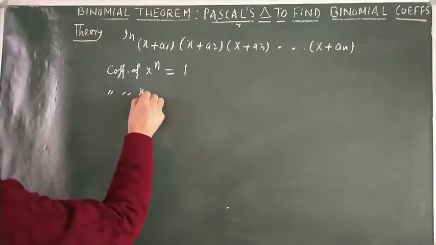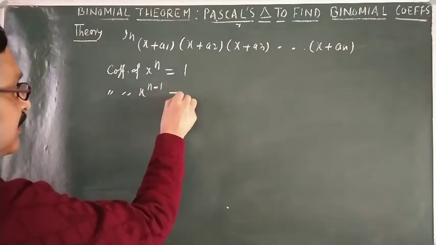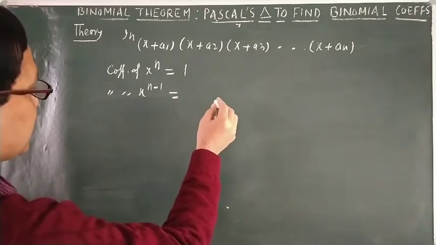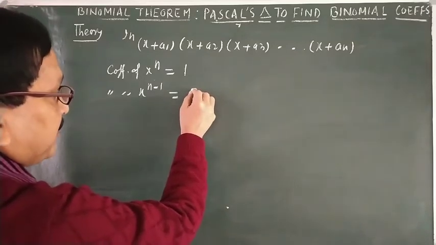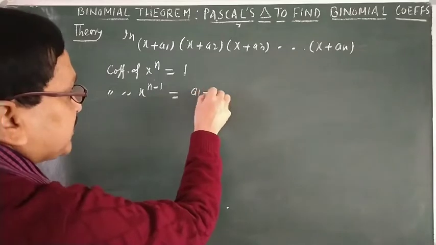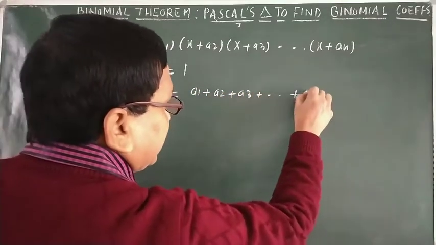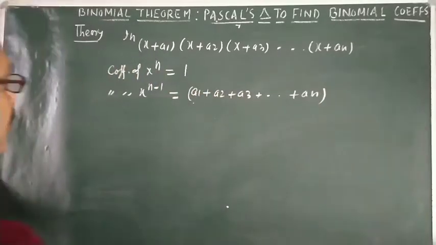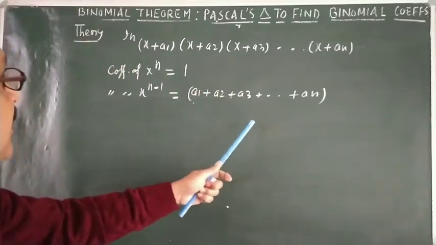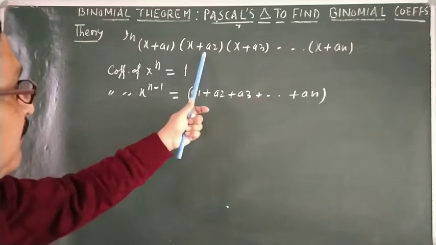Coefficient of x to the power n minus 1: this is a1 plus a2 plus a3 plus up to an. Add all the values.